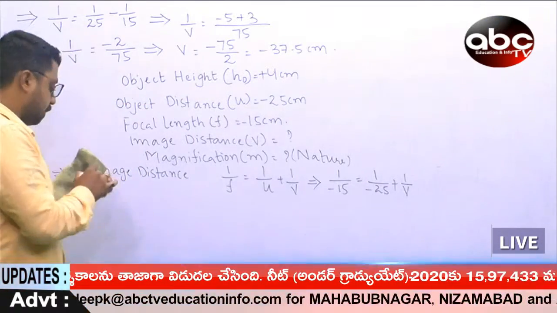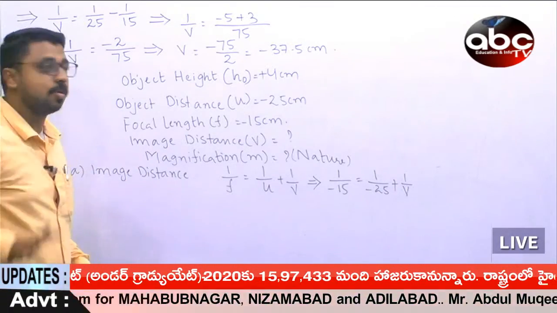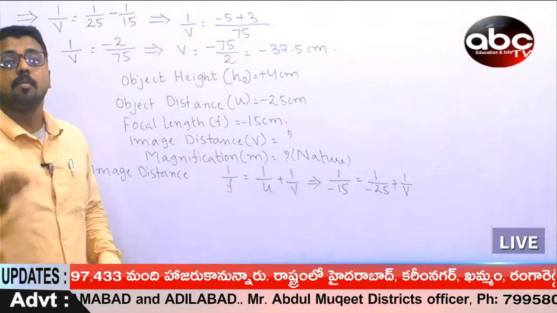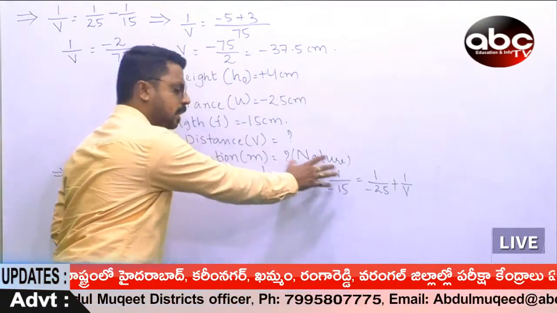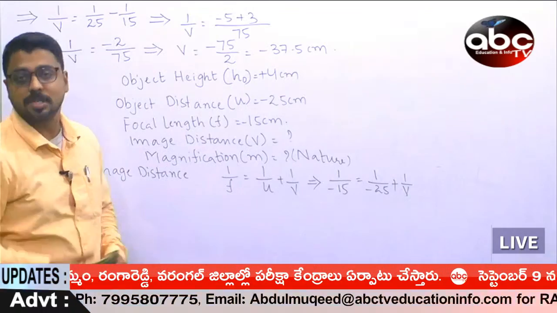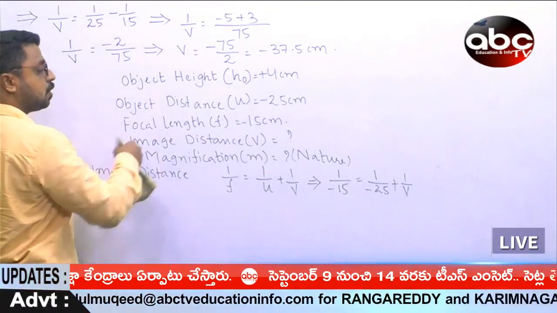Again, with this we have completed image distance only, but the second part is pending. What is that? The second part is about the nature. We just said that in order to find the nature, we take an indirect approach, that is by the magnification. So let us try to solve this one.